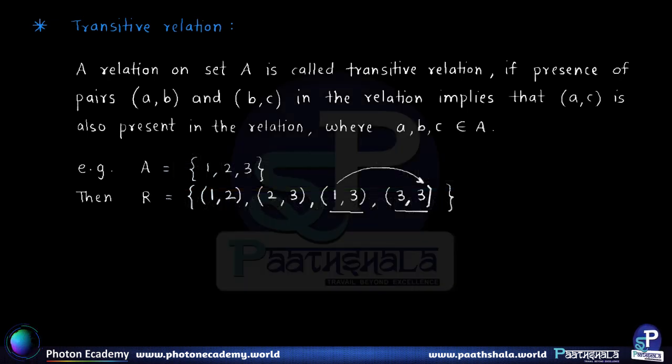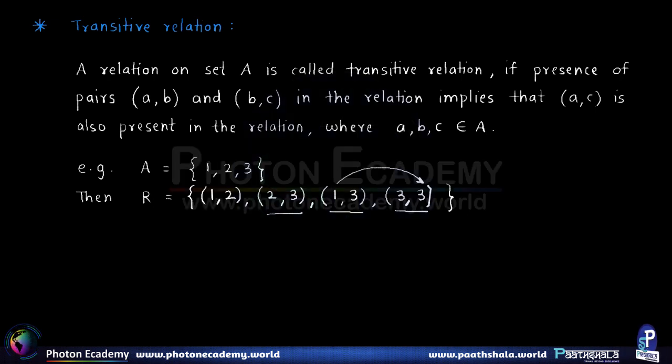So there is no problem for the relation, and it is still a transitive relation. You can take any other pair also: say (2, 3) is present and (3, 3) is present, so we get (2, 3), which is still the same pair. So it's based on the given example whether the relation is transitive or not.